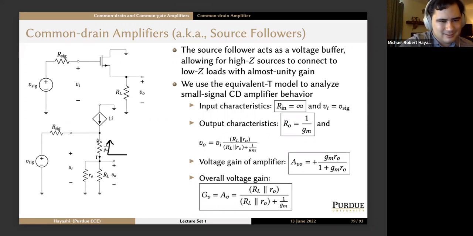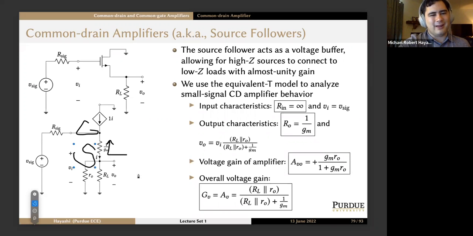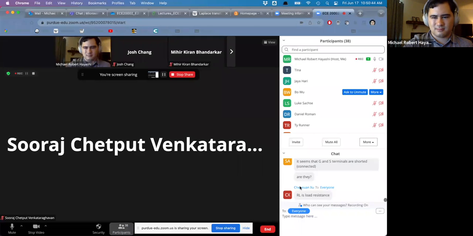Gate. There we go. Source. They are not shorted. They are connected through the resistance in our model, but there's no current that flows in. RL is load resistance. Yes, Shenjuan.